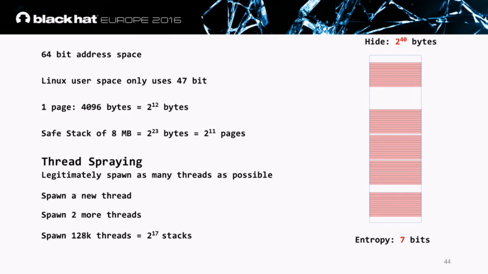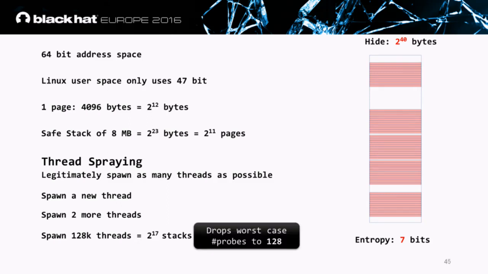So if you can spawn like 128,000 threads, finding a stack becomes, the entropy for the stacks becomes 7 bits, which means that in the worst case, the number of probes would be 128 probes.